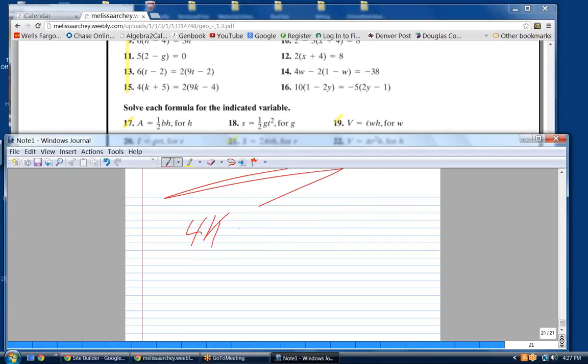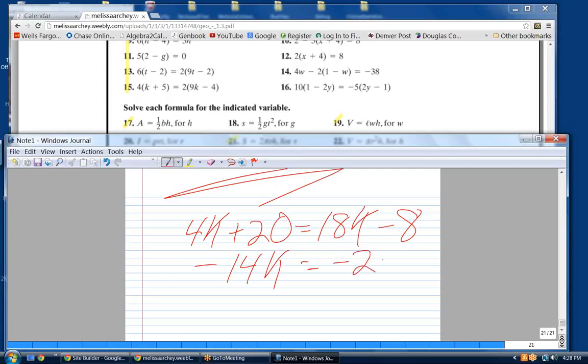Okay. Number 15. 4K plus 20 equals 18K minus 8. Next line, it's going to be negative 12k equals... 14. Oh, sorry. Okay. Negative 14k equals 12.